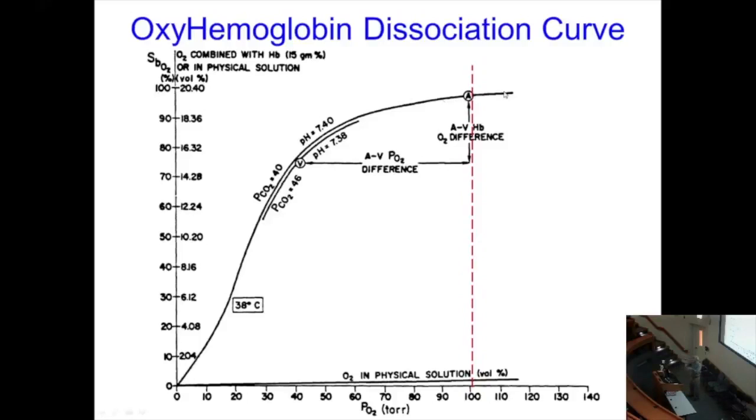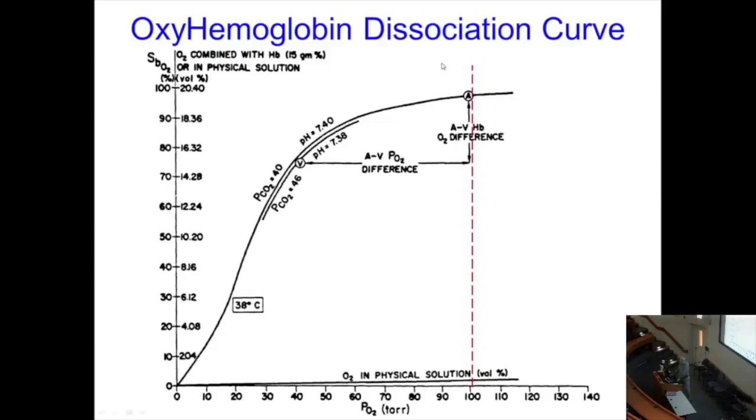That means that no matter which of these alveoli the blood is going through, it's going to be almost completely saturated with oxygen. So it's useful that we're normally operating up here at the flat part of the curve. It means that all the blood going through your lungs is going to get almost completely saturated with oxygen. That's what you want. You want to make the system most efficient.